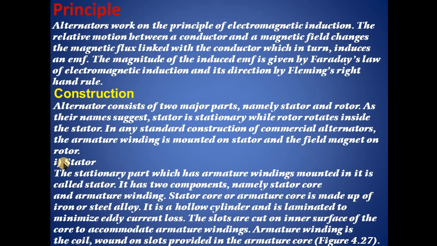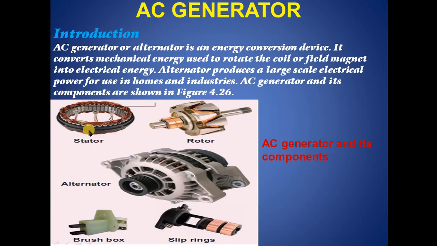Then the first part of the AC generator is stator. The stationary part which has armature winding mounted in it is called stator. So here this is the picture of stator, with armature winding inside the stator.